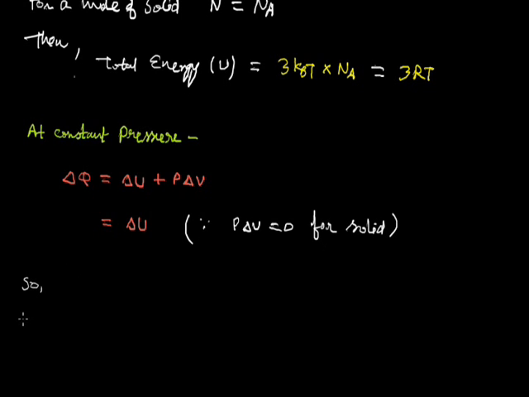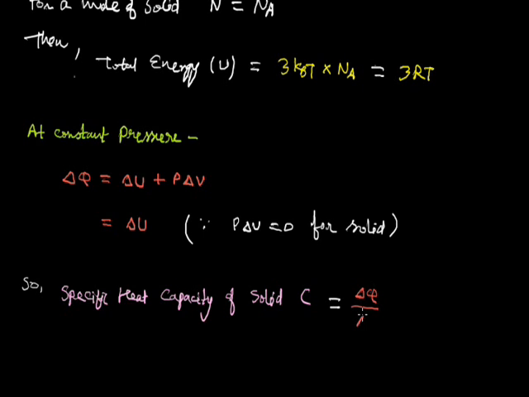So the specific heat capacity of solid C will be equal to delta Q upon delta T or delta U upon delta T, which is 3R, the specific heat capacity of solid at constant pressure.